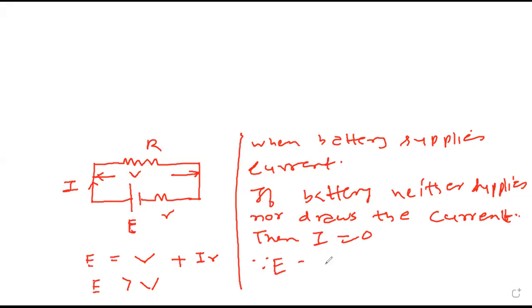So since E is V plus Ir, it will become E is V plus 0 times r, E equals V. That means when the battery supplies current, its EMF is greater than the external voltage; when it neither supplies nor draws, terminal voltage and EMF are taken the same.